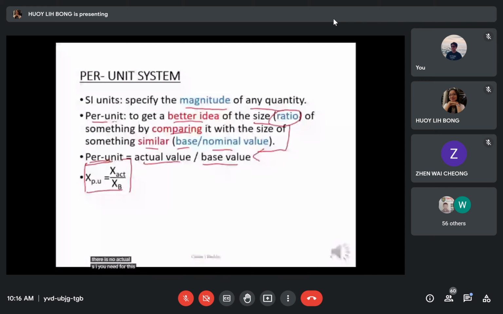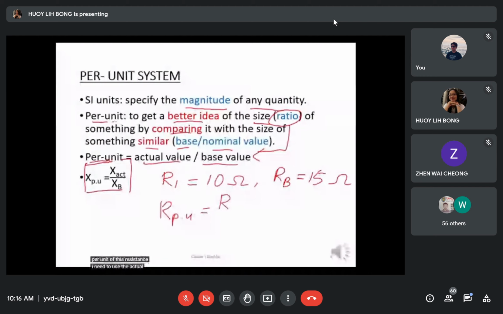For example, if I have R1 equal to 10 ohm and I have the base value which is 15 ohm, to find out the per unit of this resistance, I need to use the actual value divided by the base value.